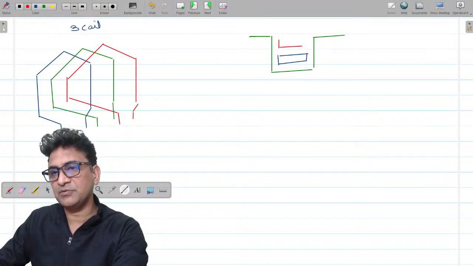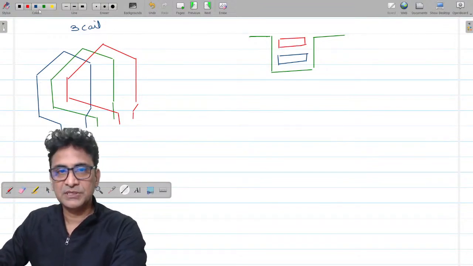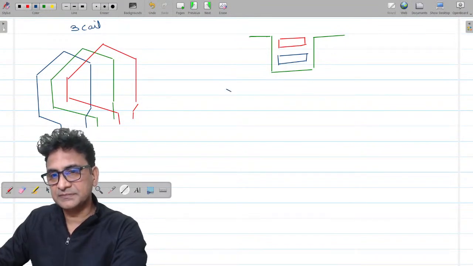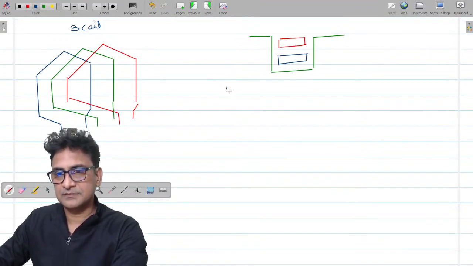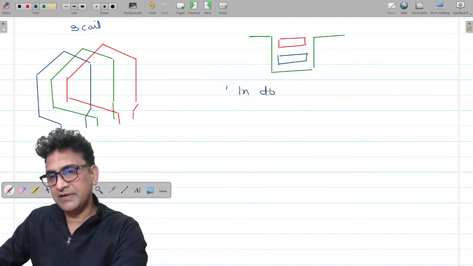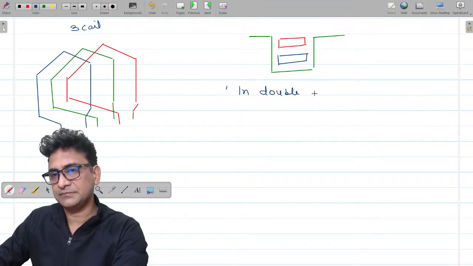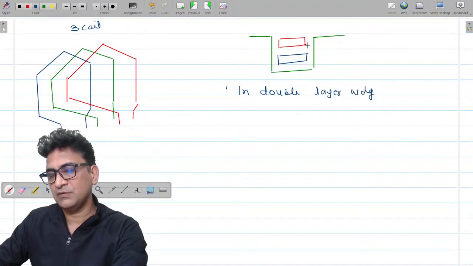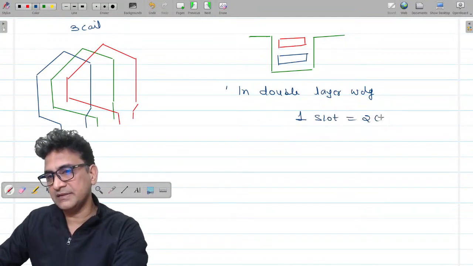Both coil sides belong to different coils. It is called double layer winding. So in a double layer or two layer winding, one slot has two coil sides.